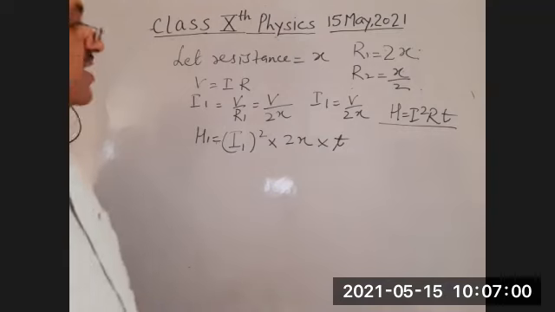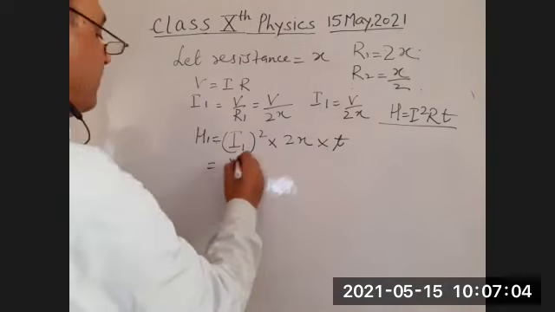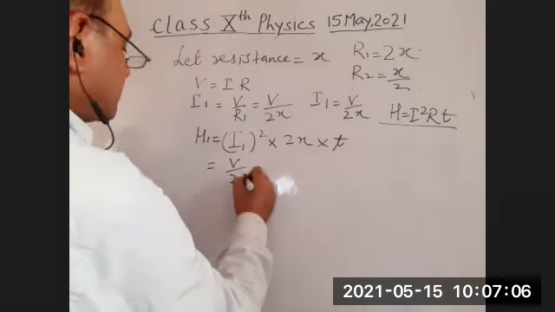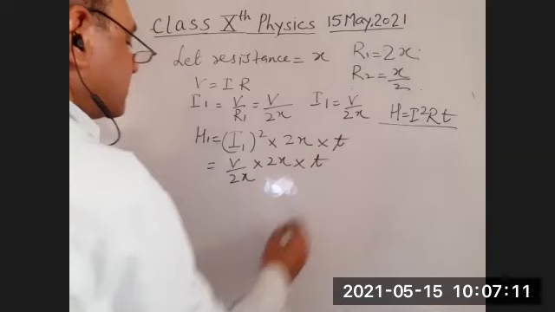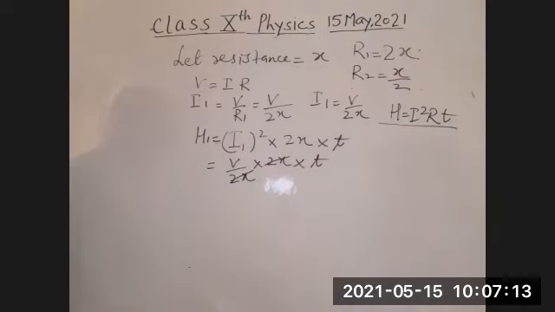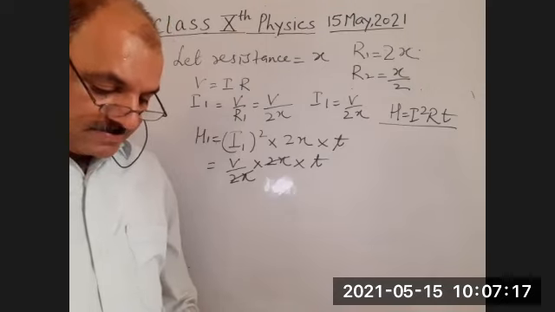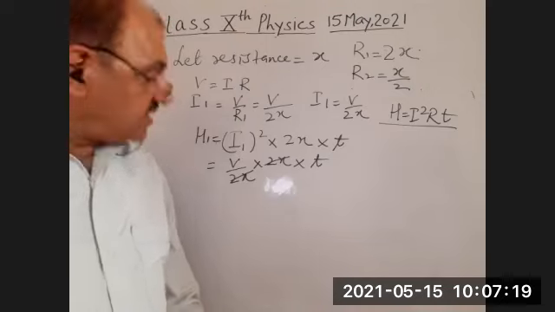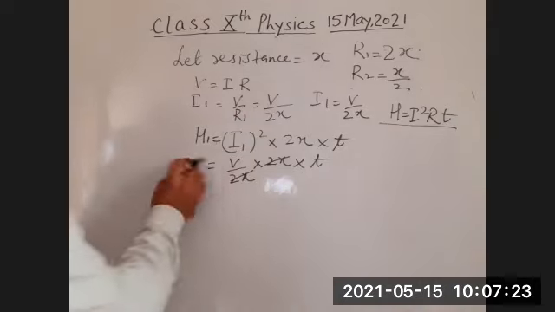Now I1 की वैल्यू कितनी है स्टूडेंट, यहाँ पे मैं लिख दूंगा V/2x into 2x into T. Is it clear student? Now 2x से 2x कैंसिल है. Is it clear student?